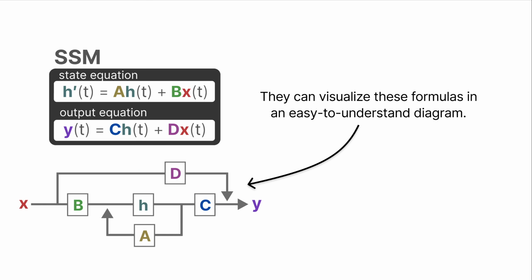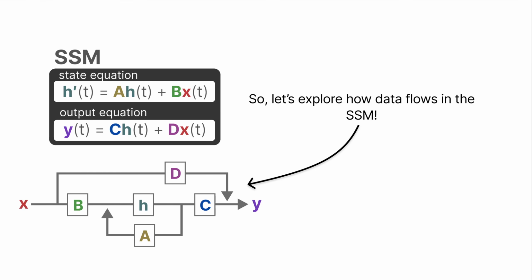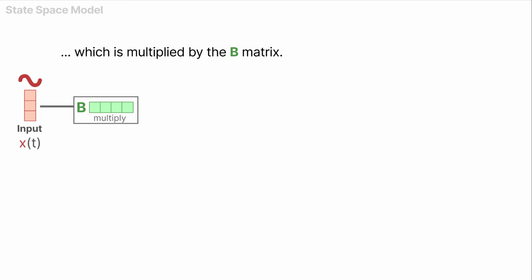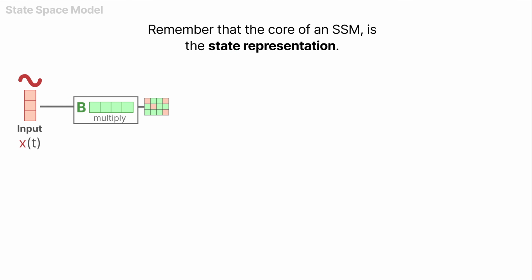They can visualize these formulas in an easy to understand diagram. So let's explore how data flows in the SSM. We start with the given input, x of t, which is multiplied by the B matrix. Remember that the core of an SSM is the state representation.